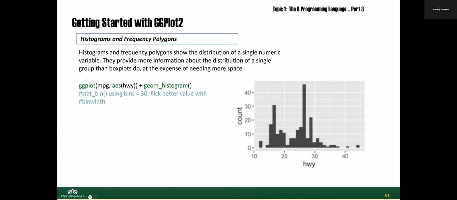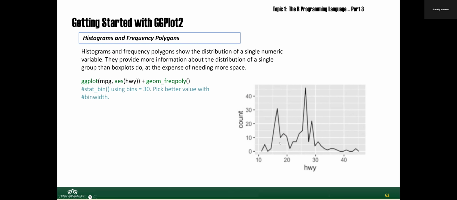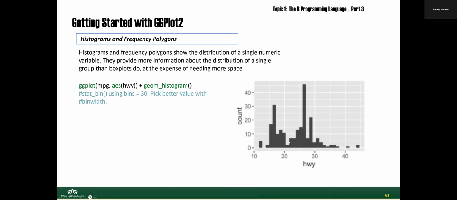Instead of having this block look, we can use the frequency polygon function. If we go back to the histogram function, all it does is take the midpoint of the height of every bar and connect them.